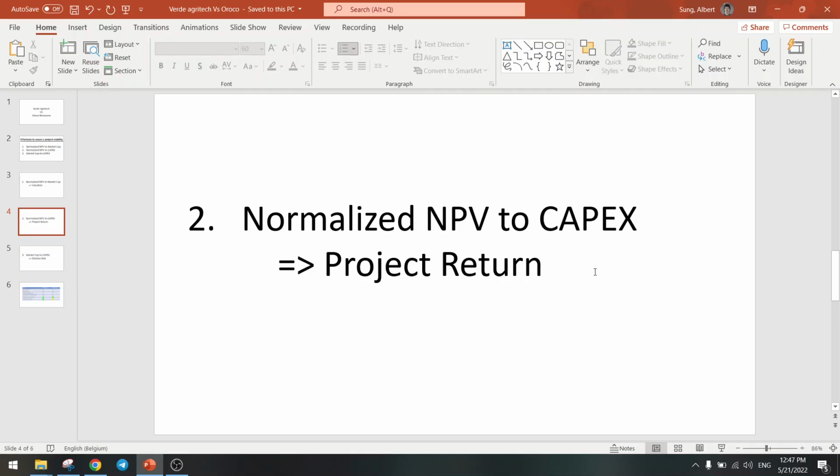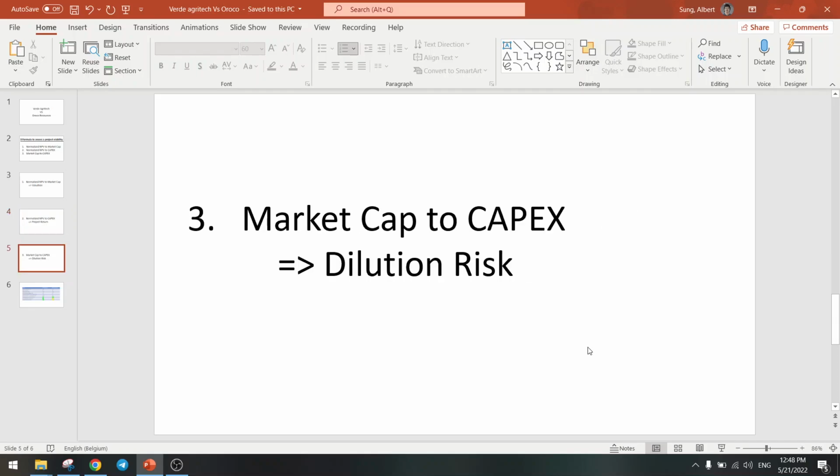If you have a low CAPEX and you can get a higher normalized NPV above 1, then you have a very good project. It will give you a lot of return for a low CAPEX. And the last formula is the market cap to CAPEX ratio. This gives you an idea about the dilution risk.